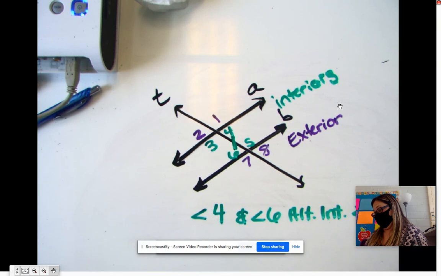Anybody? Are we awake? Do we need to stretch a minute? 4 and 6 are across from each other and they're both interior angles.